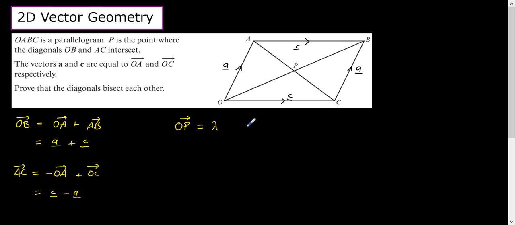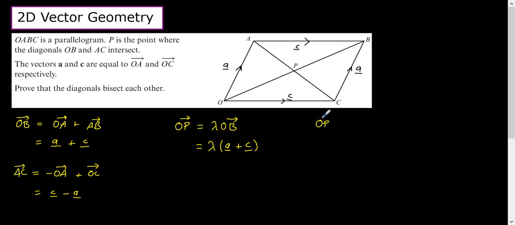Lambda is the constant that we tend to use when we're working with vectors, and it's lambda multiplied by OB. So O to P is some fraction that we don't know of OB. That's what this means. And I can go further and say that is lambda of a plus c, because I know that OB is a plus c.